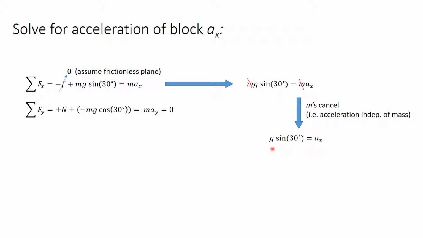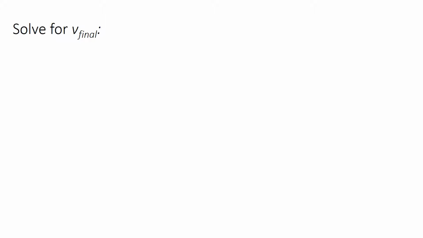That's essentially 9.8 times sine of 30 degrees, and that gives me 4.9. Now, one thing to note, the masses cancel. That means the acceleration of the block down the incline is independent of the mass. And that's actually something that is consistent with the Galilean observation that acceleration due to gravity is independent of the mass of the object. So that's a good thing.